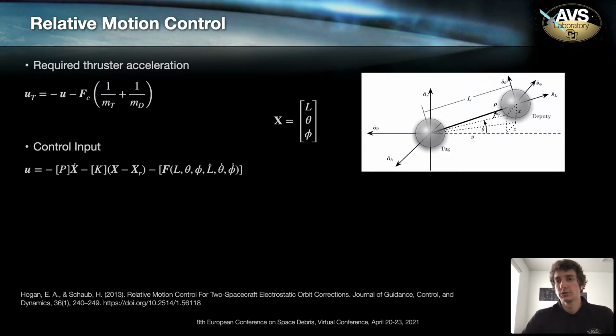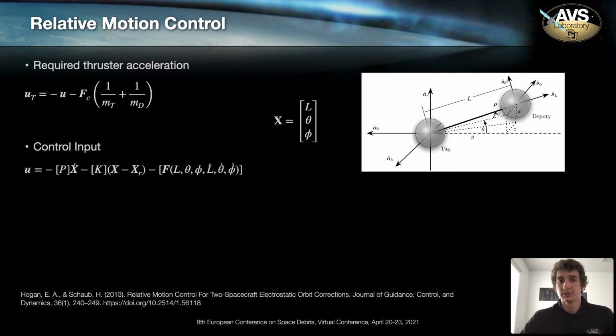The relative motion control of the electrostatic tractor was developed by Hogan and Schaub. The thruster acceleration that is required to maintain a certain separation, or a certain relative position, between the debris and the servicing satellite can be computed with the first equation on this slide.